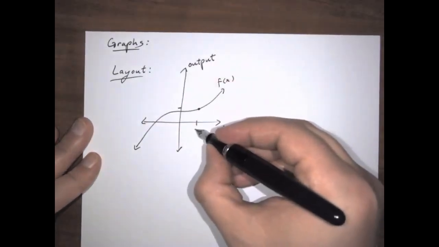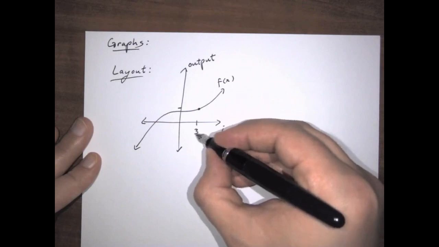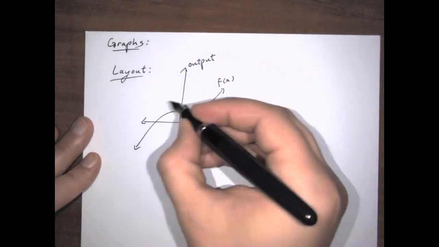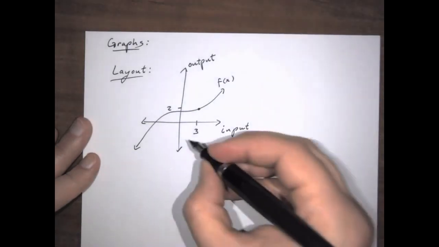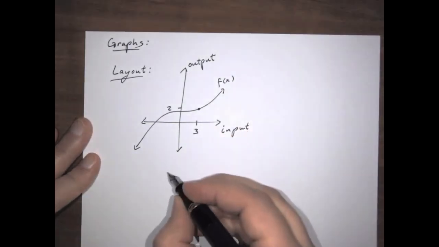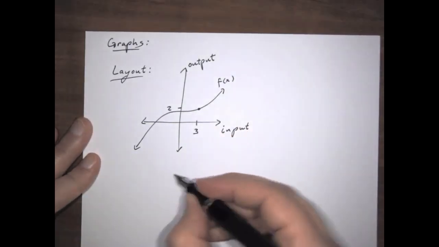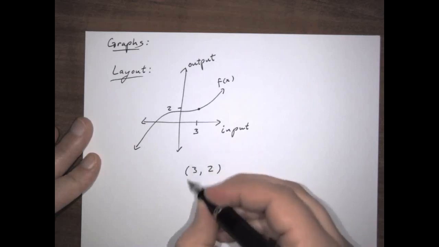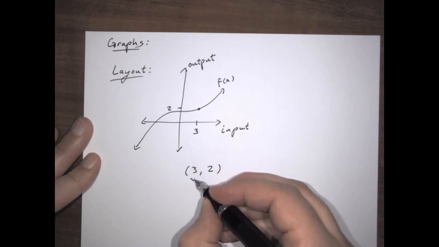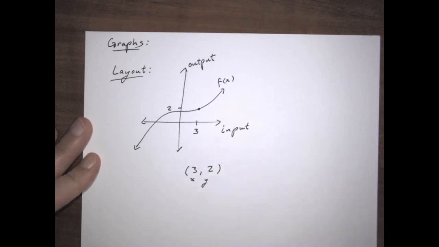So for example, let's say that we had some point on the graph and it was an x value of 3 and a y value of 2, just for example. Then from the graph that we've got laid out here, this is going to be an x value of 3 and a y value of 2, and it's the usual ordered pair.